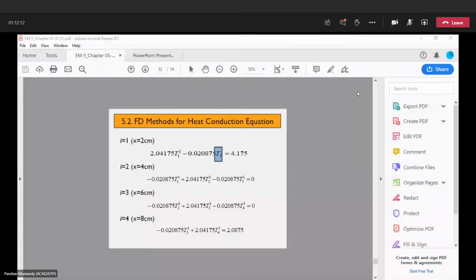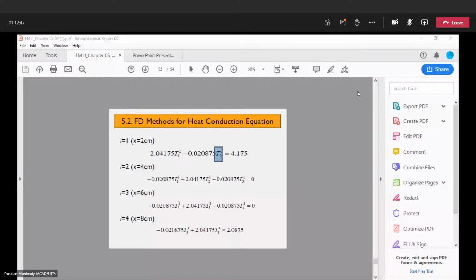T13. Iteration 2. Oh, sorry. Yeah, I see. That is for iteration 1, right? Is that correct?